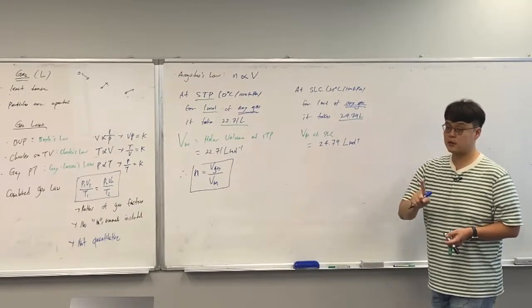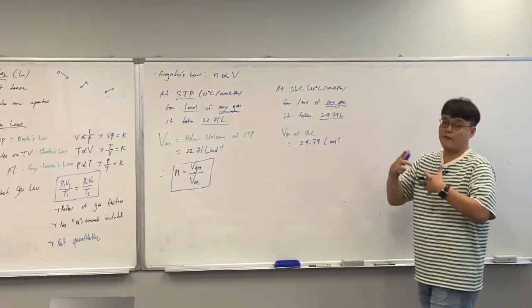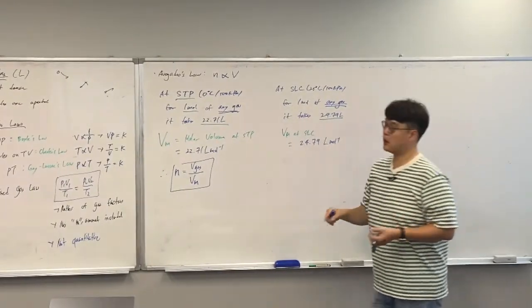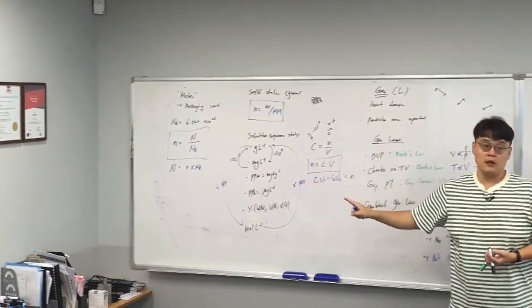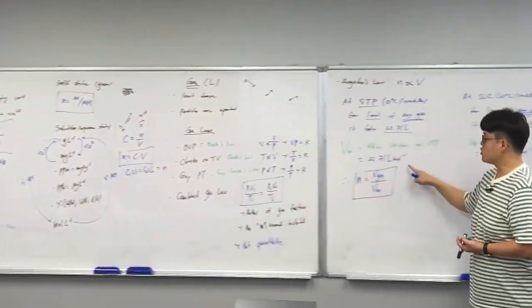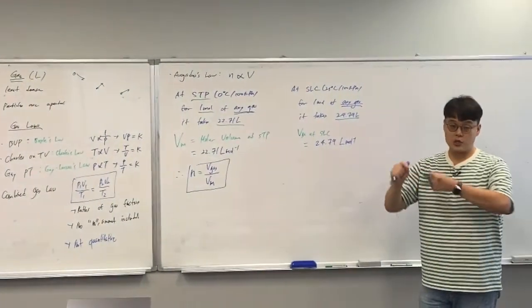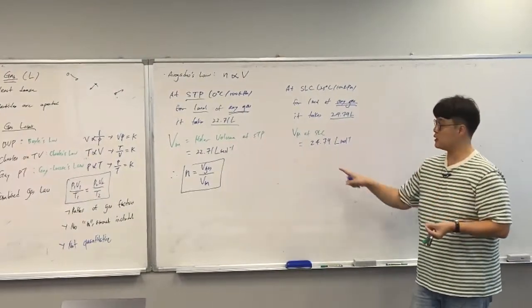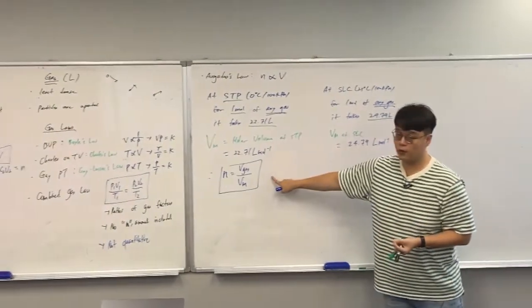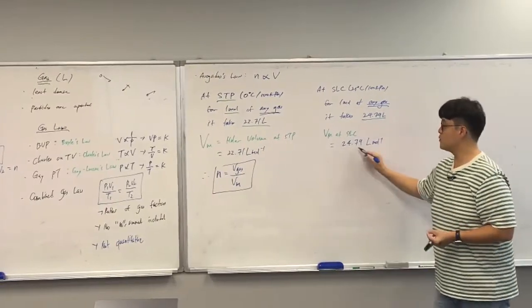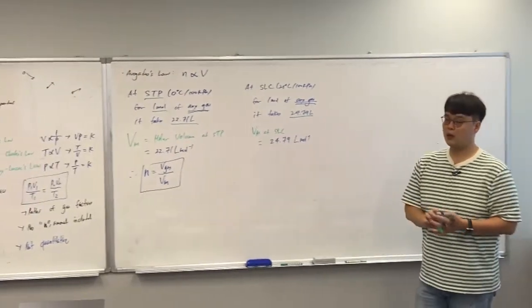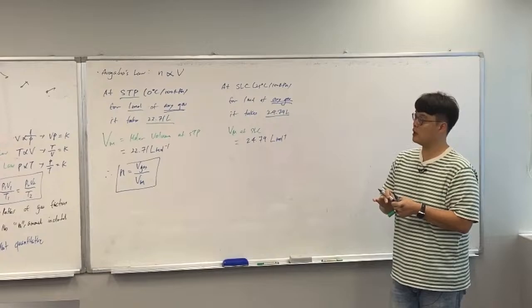You may get a question asking how to convert the units back, just like what we have done here, from moles per liter to grams per liter. If you want to convert from liters per mole to moles per liter, you need to take the reciprocal, basically the inverse of that. So that is still using Avogadro's law. Does that make sense?